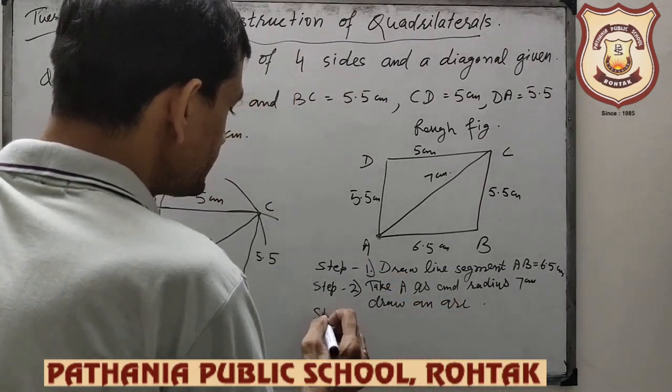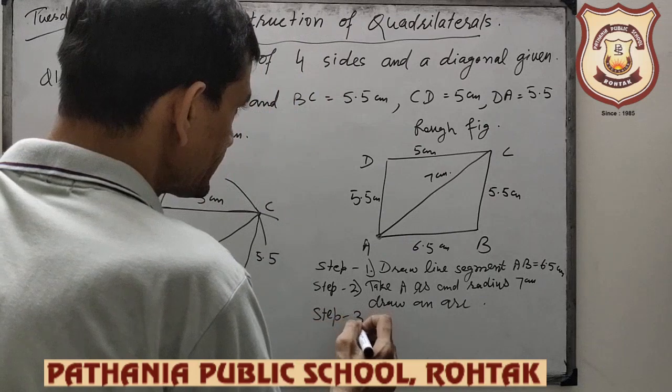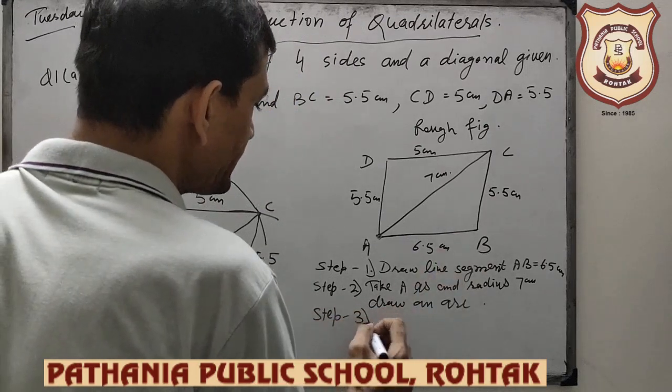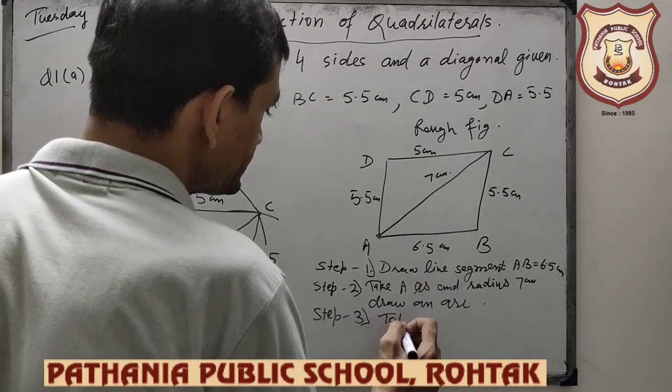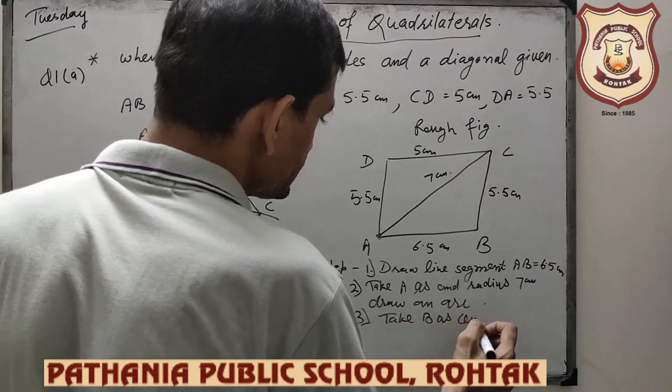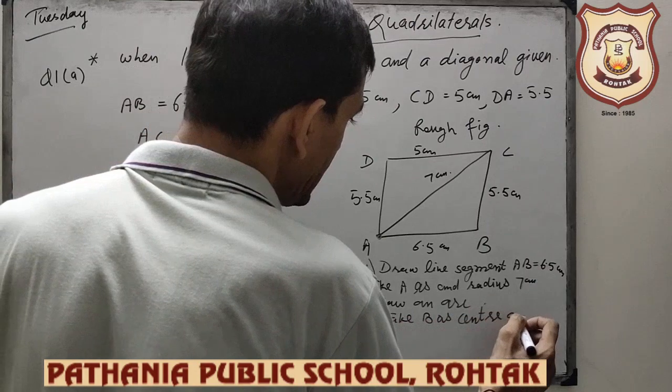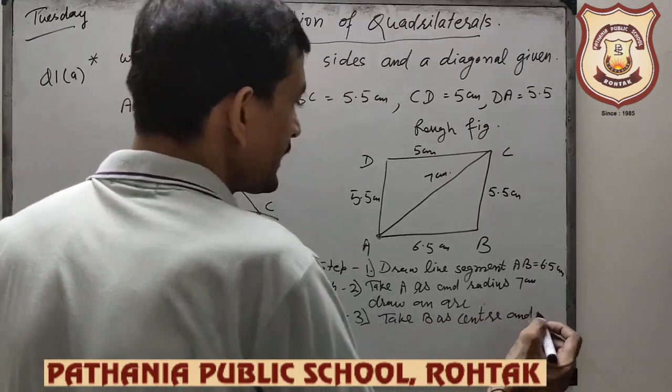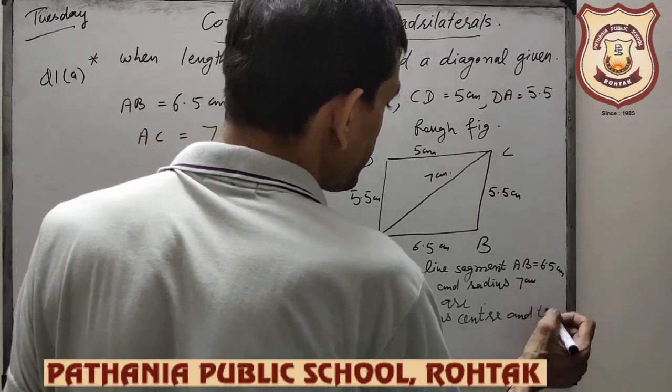Step 3. Take B as center and take radius of 5.5 centimeter.